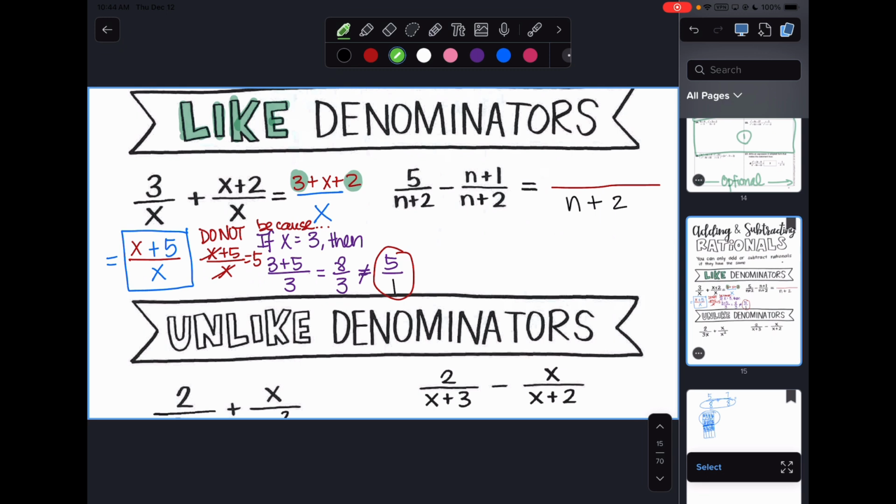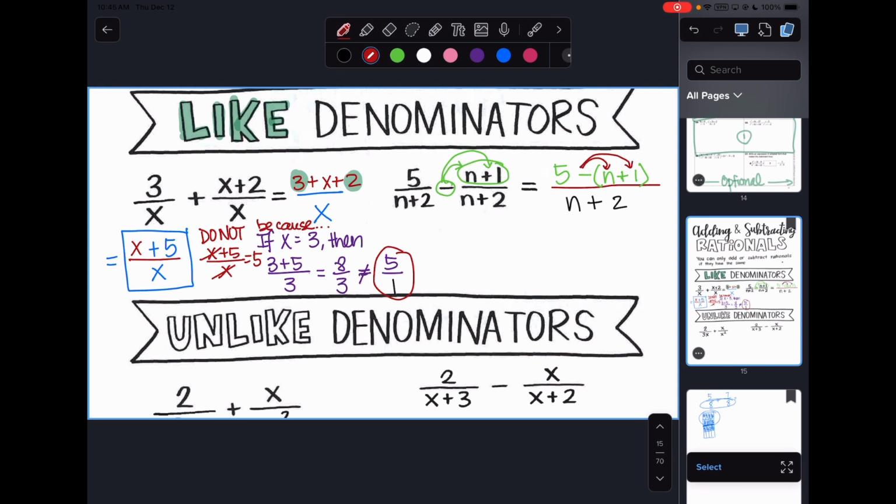And then numerator would be 5 minus. Now, watch out for this. Remember I told you this is one quantity? That means if I apply the negative to this binomial, it needs to go to both n and the 1. So it's like this. N plus 1, like that, the quantity, and make sure you distribute that negative to each of those guys.